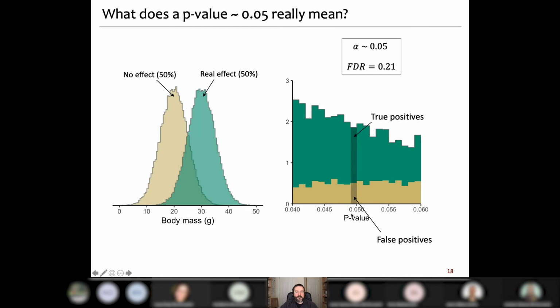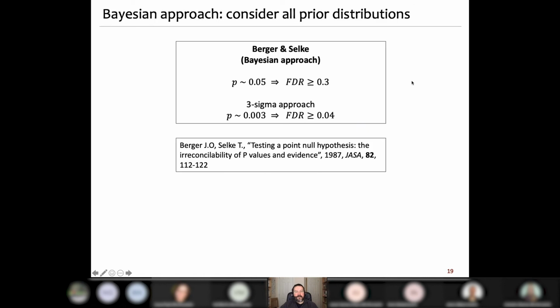This is our p-value, which is very close to 5%. And again, the ratio of false positives to the total positives is about 20%. So when you have a p-value which is close to 5%, the false discovery rate can be quite high.